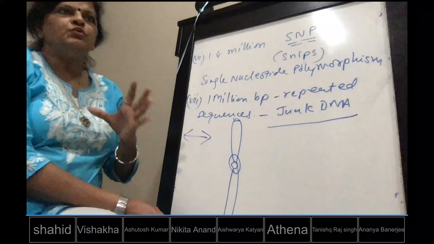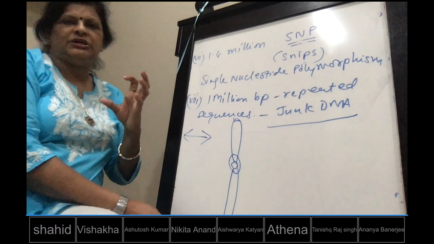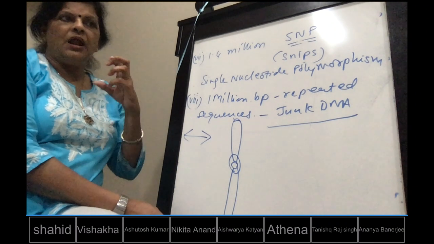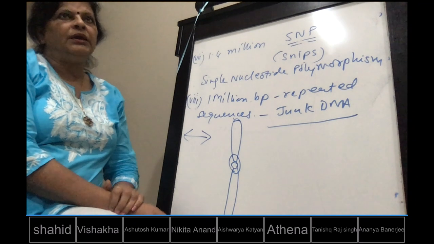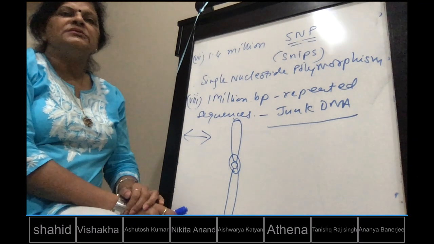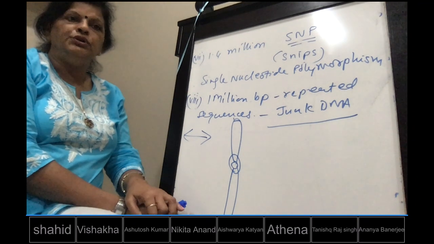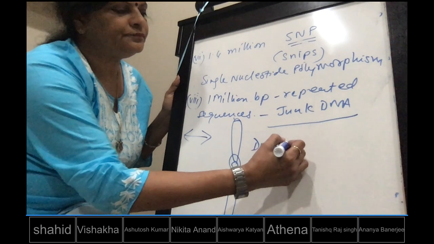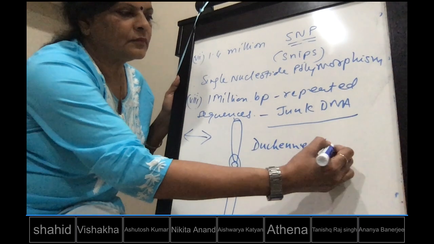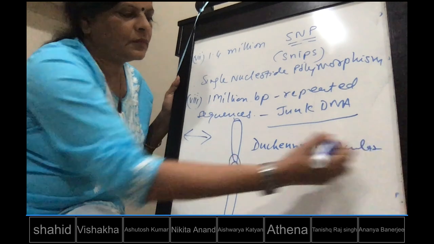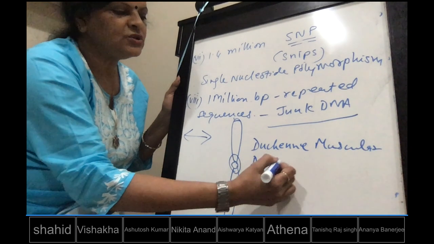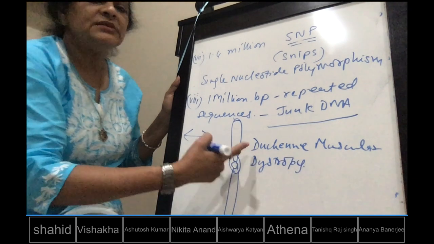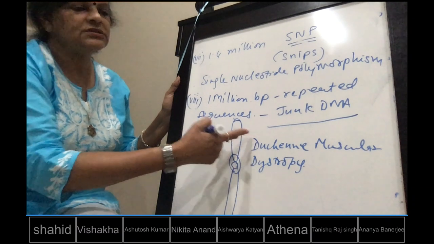If you're asked which gene is the largest gene in the human body, the largest gene in the human body is that of Duchenne muscular dystrophy. This gene is not a normal gene. It is a disease causing gene. It causes this disease.